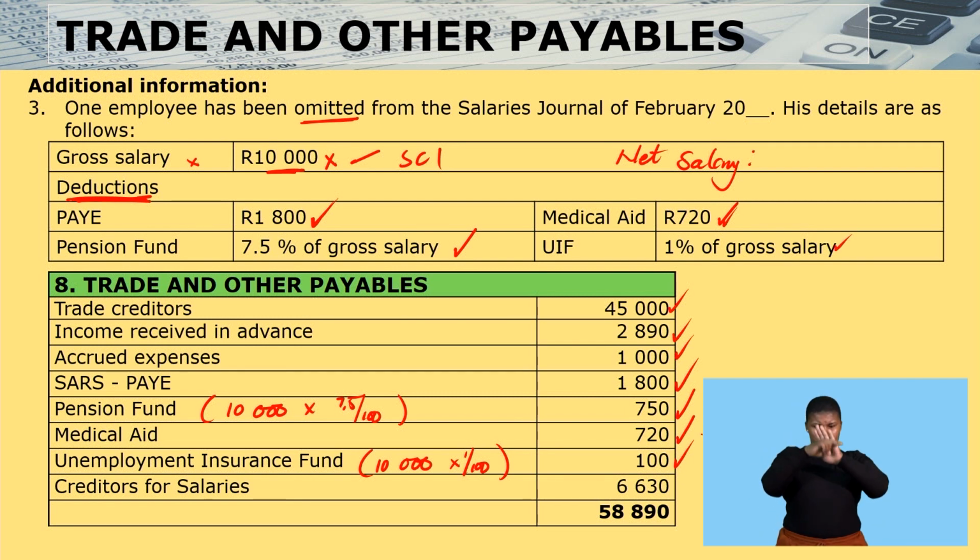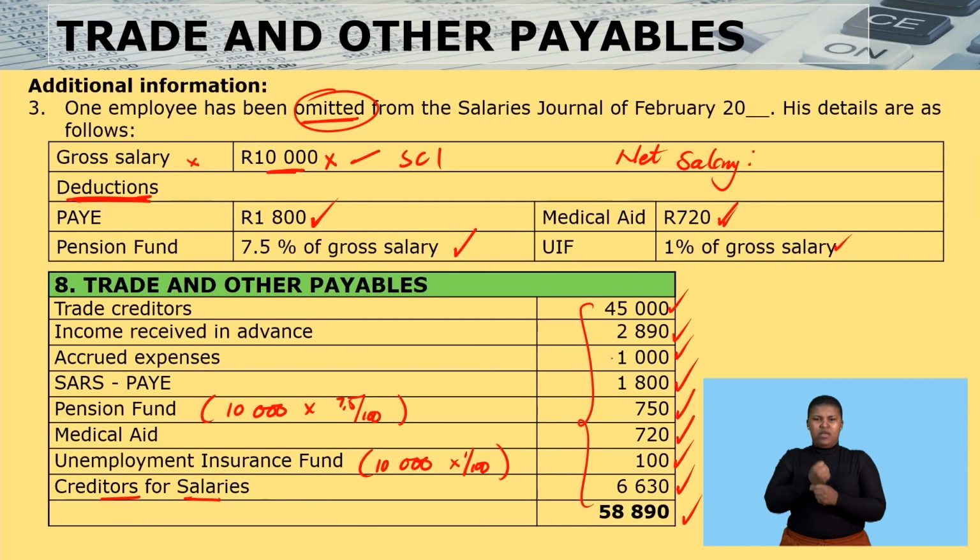If you subtract those amounts from your 10,000, you get what is known as creditors for salaries, 6,630. When you have done that, you add everything here and you end up with 58,890. And that becomes the total for our trade and other payables.